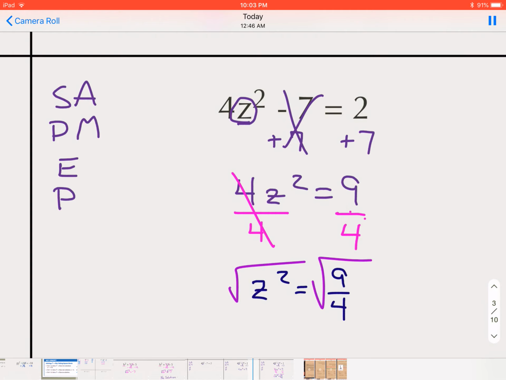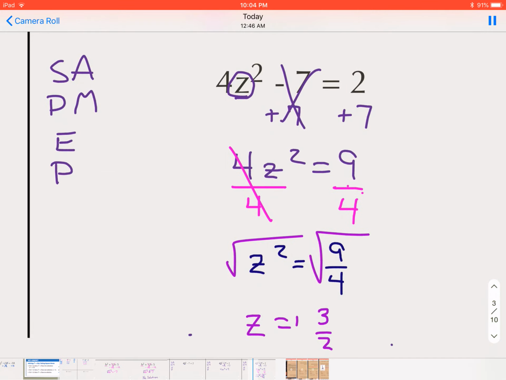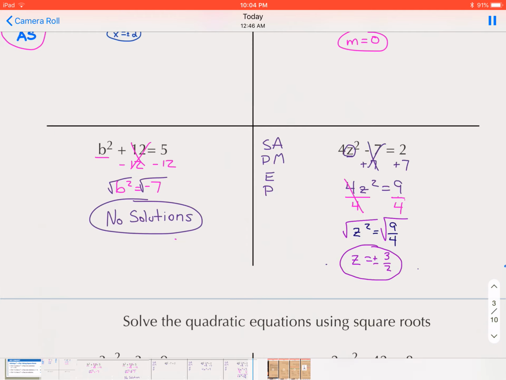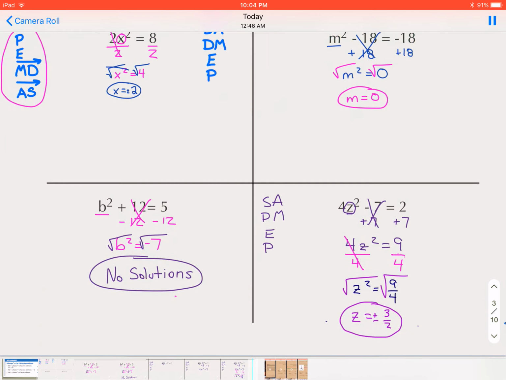The square root of z squared is simply z, and the square root of 9/4 would be 3/2. And 3/2 times 3/2 equals 9/4, but so does negative 3/2 times negative 3/2. So my answer is z equals plus or minus 3/2. Hopefully that first video helped you out a little bit.